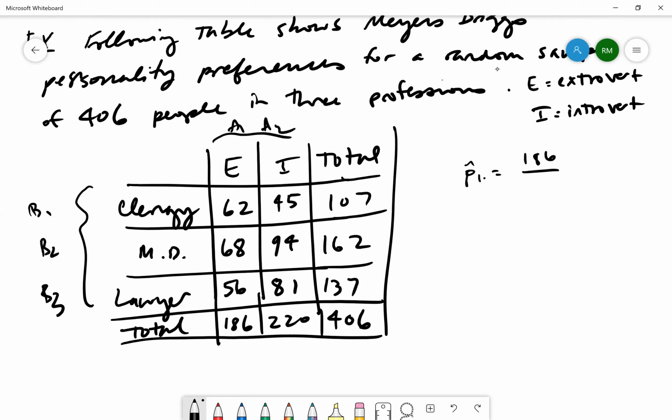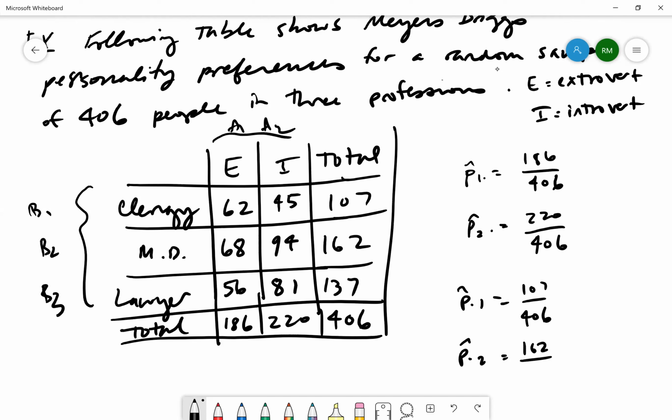That's 186 over 406. What's the probability of an introvert? Well, that's 220 over 406. What's the probability of the clergy? Well, that's 107 out of 406. The probability of an MD in our sample, 162 over 406. And last but not least, the probability of a lawyer is 137 over 406.